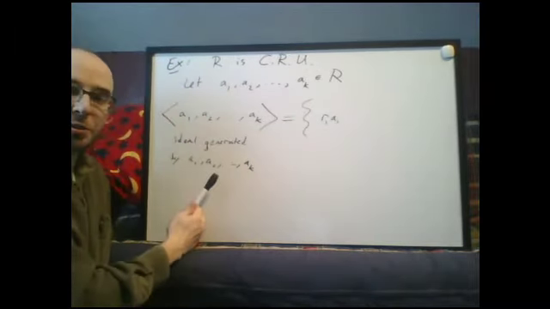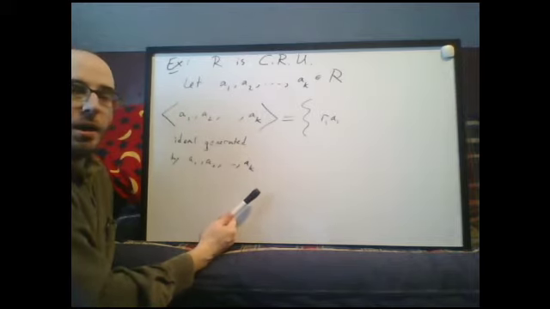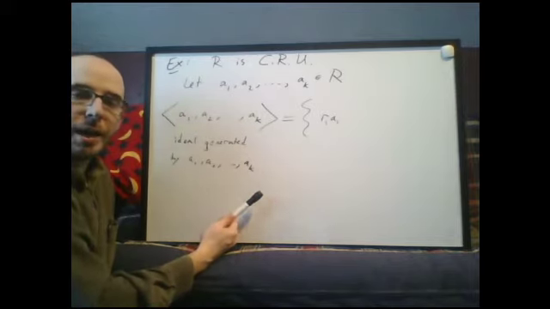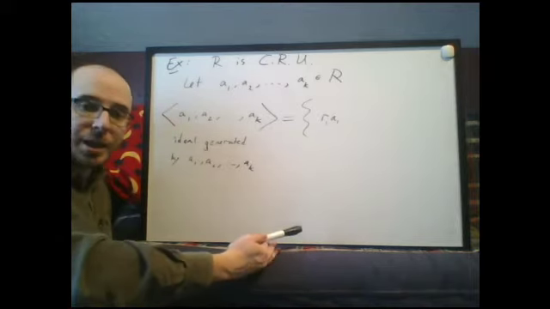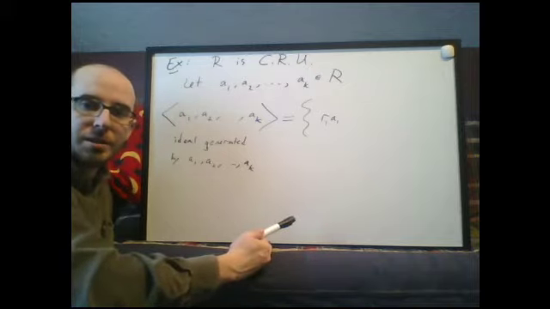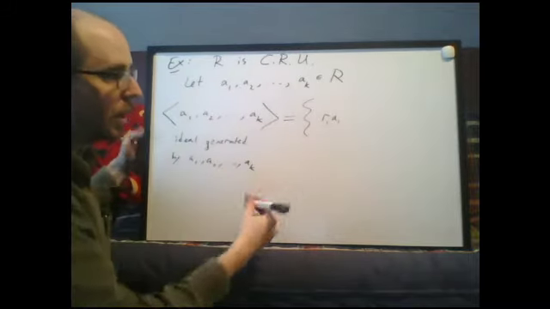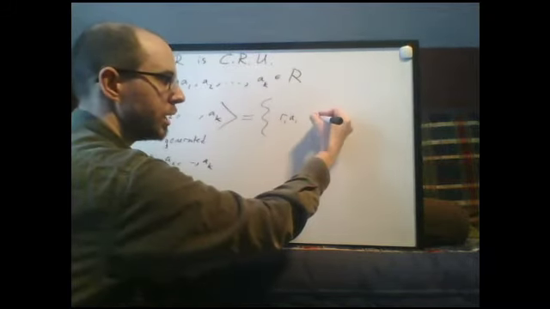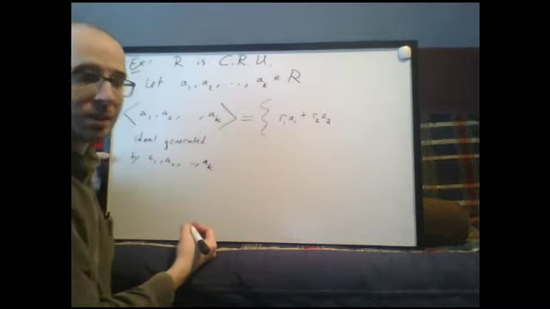But the same is true for A2 and A3, all the way up to AK. So it has to contain all those as well. And then it also has to be a subring, so it has to contain all sums I get from things that are in the ideal. So once I have R1, A1, everything of that form, and I have everything of the form R2, A2, I also have to have everything of the form where I add those two things together.